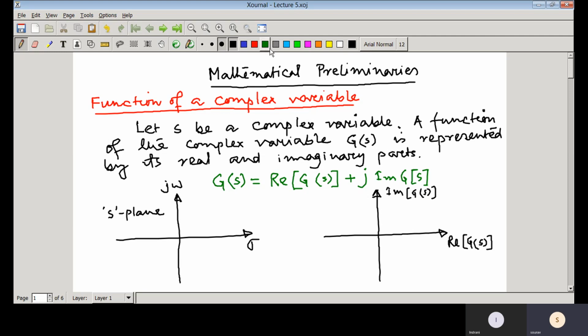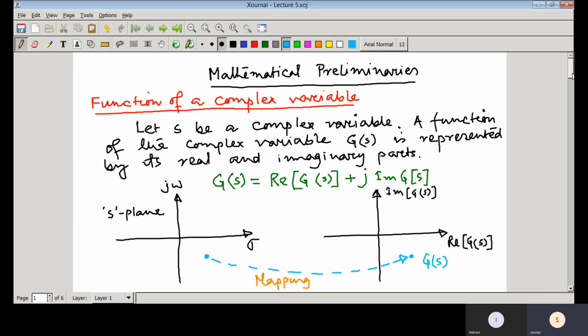If you take any point in the S plane and map it through G(s), suppose there is another point G(s), mapped from the S plane to the G(s) plane.